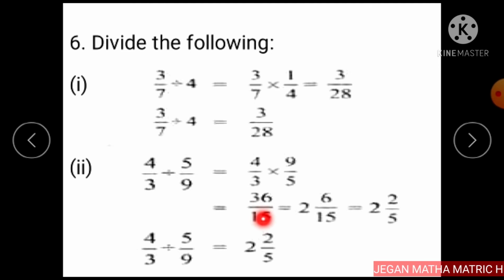So 36 by 15 is an improper fraction, which is converted to mixed fraction, 2 6 by 15. Here 6 by 15 is simplified as 2 by 5. So the answer is 2 2 by 5.